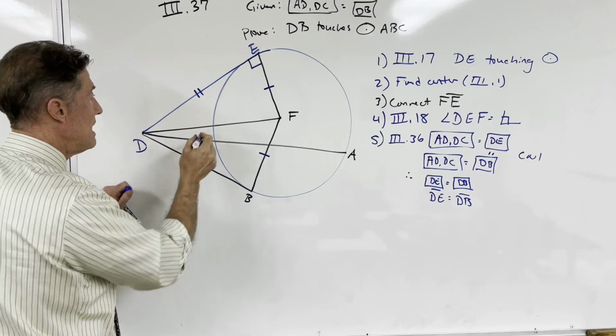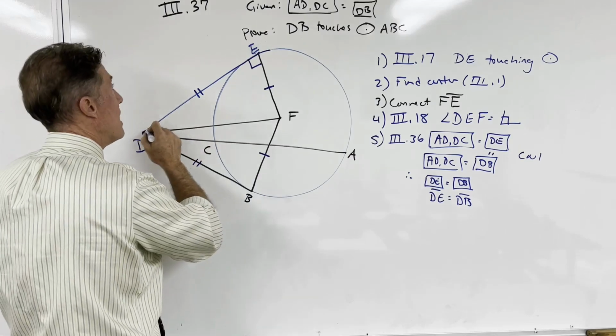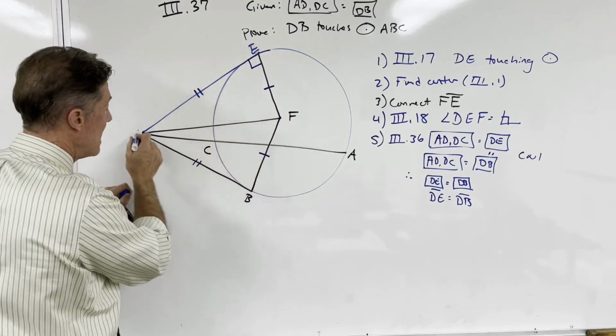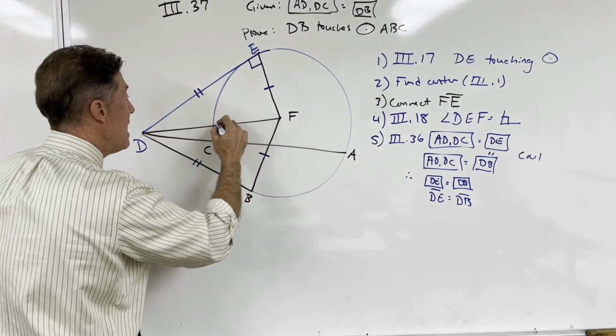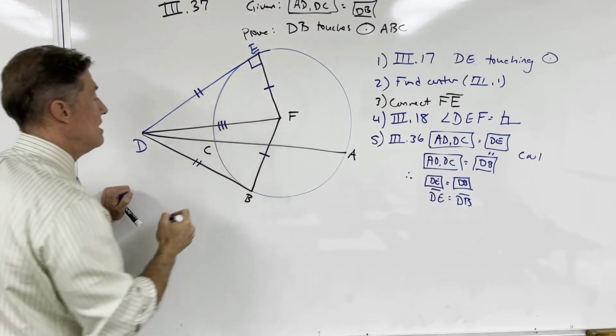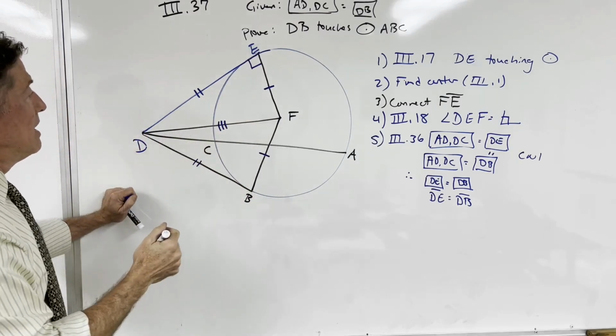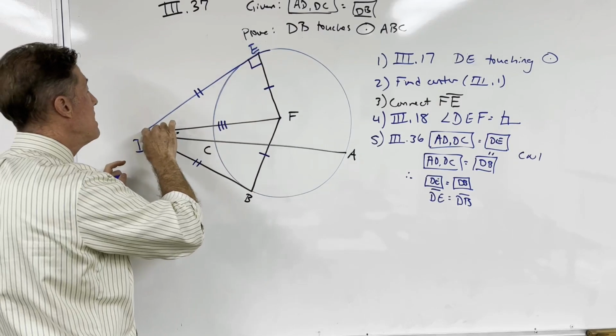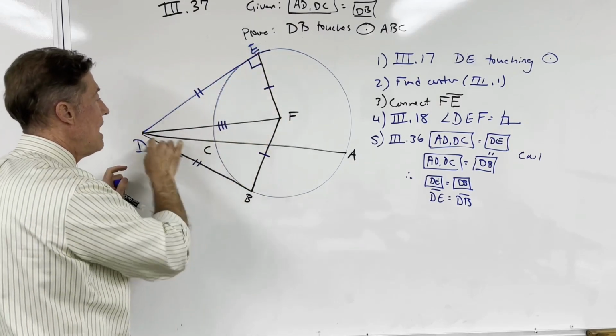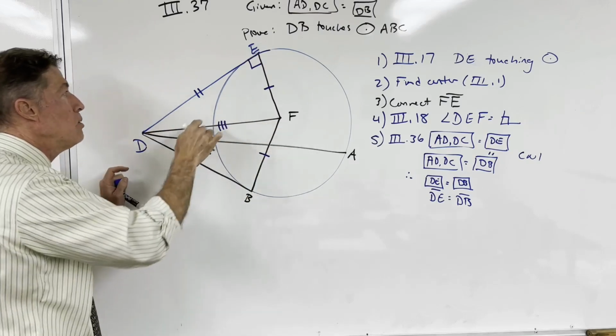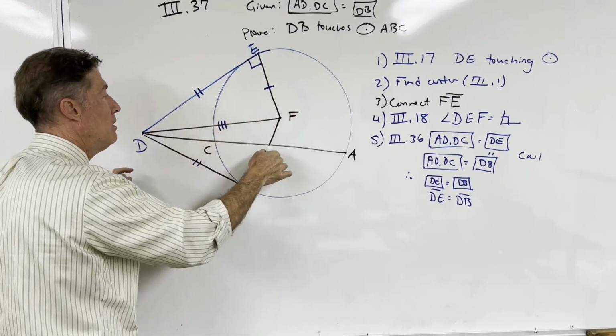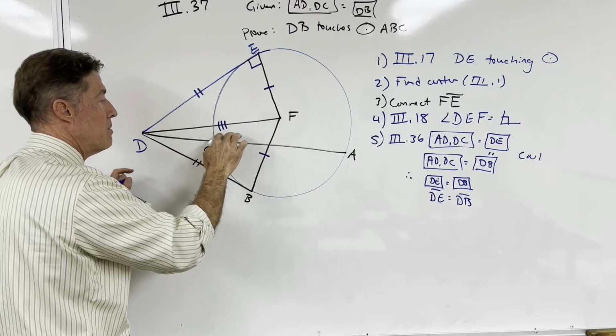And we should be able to see that triangle DEF and triangle DBF share this line in common, that base in common. And so we can prove that this triangle and this triangle are equal because we have side 1 equal, side 2 equal, and side 3 in common.